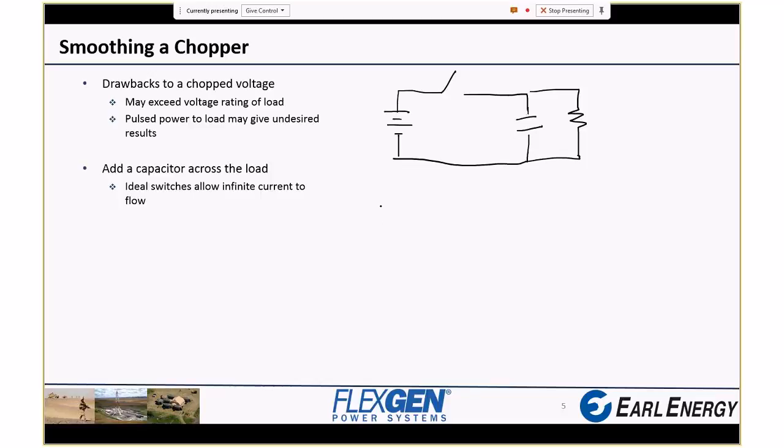The problem with that is, again, that this switch is a perfect switch. If you take an initial condition of this capacitor, say we're just turning the circuit on for the first time, the capacitor voltage starts at 0 volts.